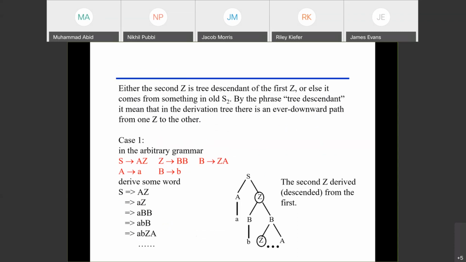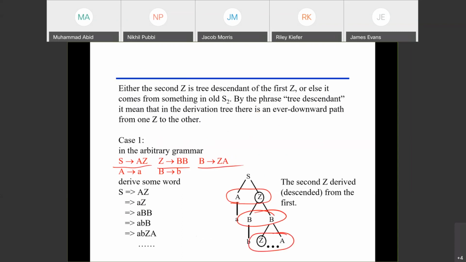We have this grammar and we want to generate some word, and during that process we use this production rule one time. S can be replaced by AZ, and then Z can be replaced by BB, and then B can be replaced by ZA.